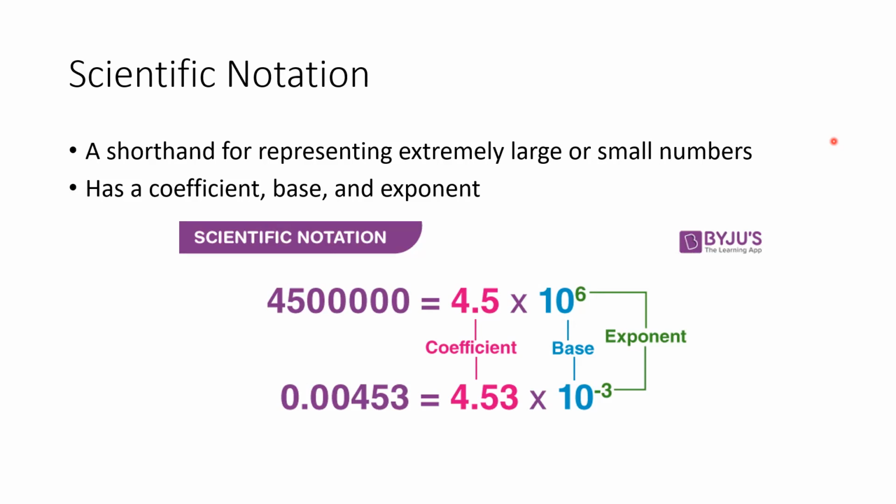So if you're already familiar with scientific notation, nothing about it's going to be new to you. But if you're unfamiliar with it, before we go further and start to see exactly how we would go from 4.5 million to 4.5 times 10 to the sixth, or 0.00453 to the scientific notation we see at the bottom, see if you can identify the process we would use to get there. If you can't get it, no problem.